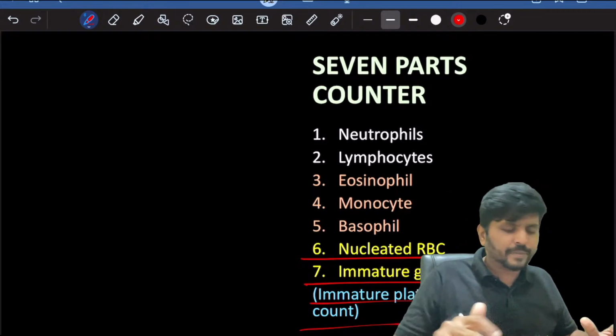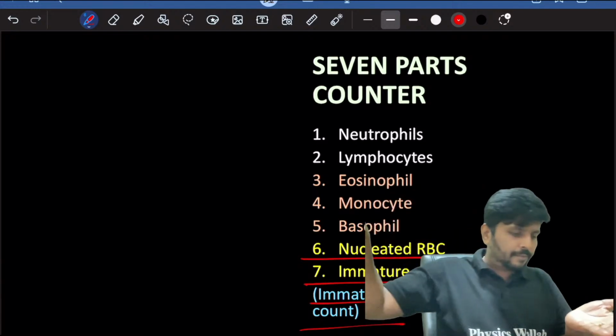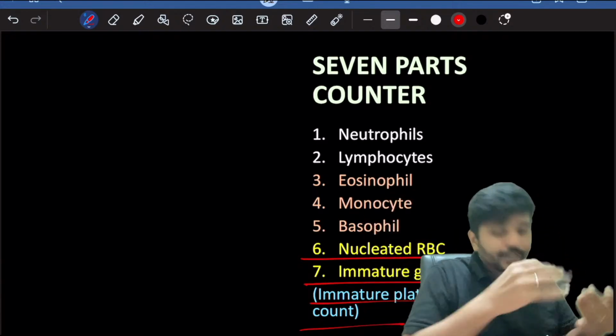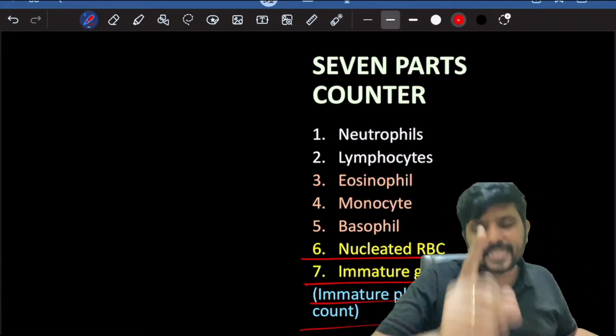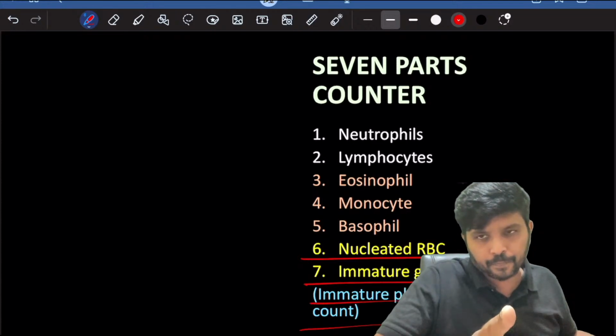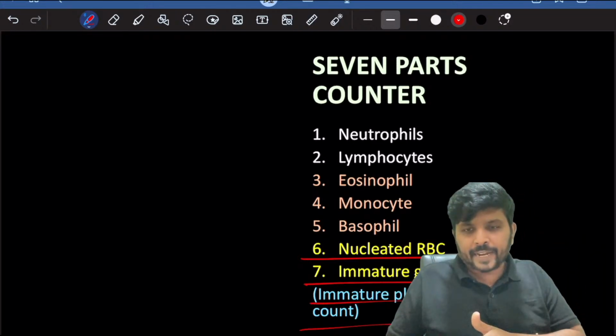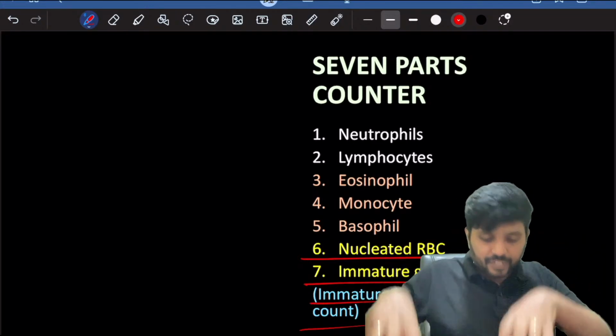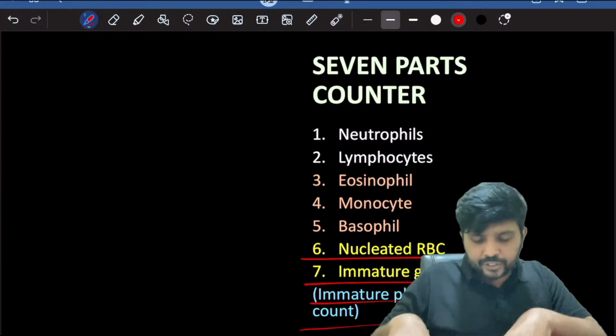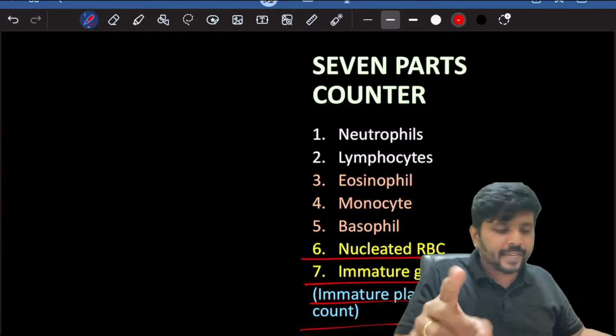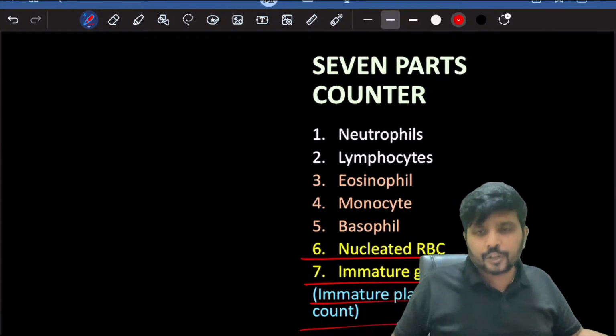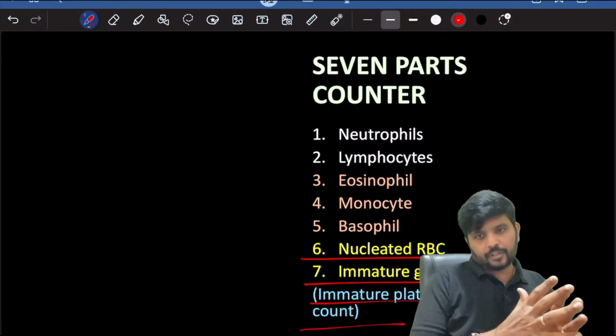What is a peripheral smear study? Take a drop of blood, make a smear, look under the microscope and find out. But it is a time consuming process. In the course of time, the peripheral smear study, even though it is the gold standard, is being replaced by advanced automated hemogram methods.